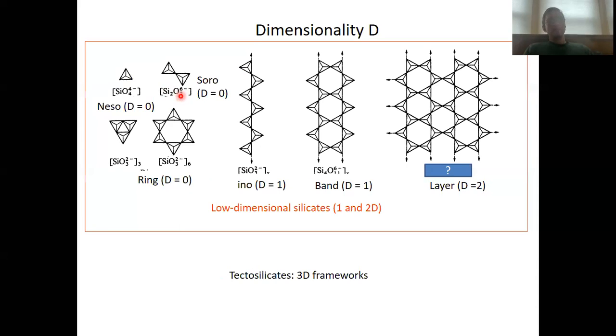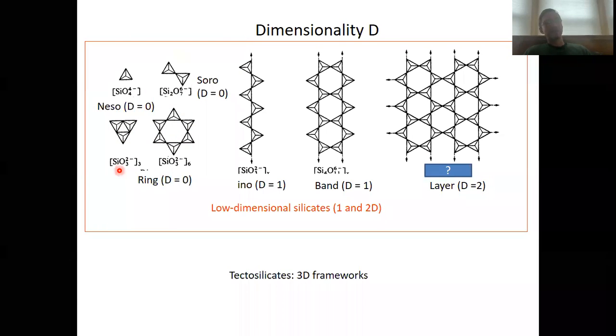Then we have the possibility to make rings. When we make rings, then we also have a 0-dimensional silicate because our silicate is not extended in any dimension. So you see here 2 examples. Here you have a 3-ring and a 6-membered ring. So, ring silicates.